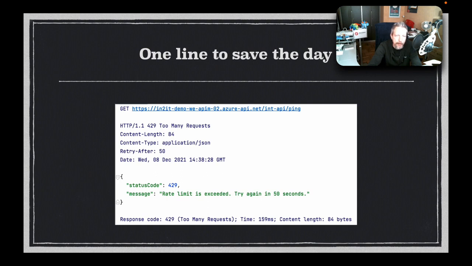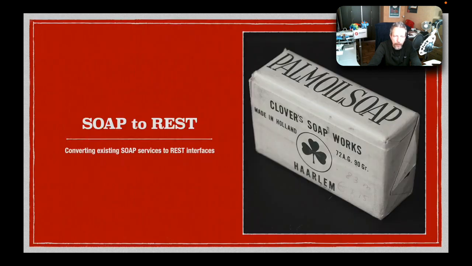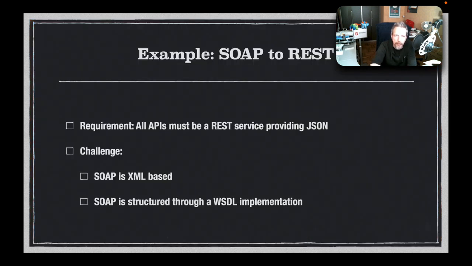So now that we have rate limited our APIs, we come to a next challenge. A customer says, "Oh, I have a SOAP to REST requirement. The backend is a SOAP API, but we want to provide REST for all the integrators. How can we do this?" Well, first of all, the requirement is it has to be a REST service providing JSON.